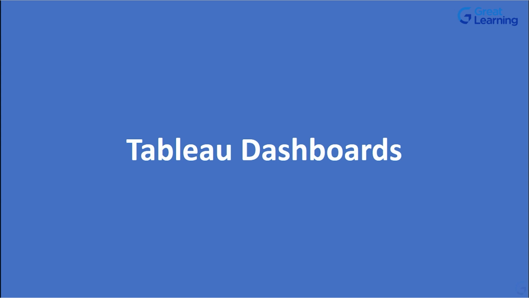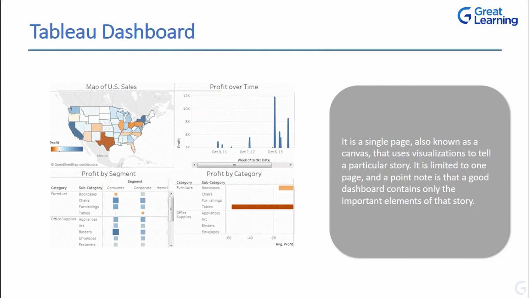So let's assume that you want to represent profit and sales for a few years, right? So you'd be having a particular kind of graph that represents this data. Now these graphs are called your visuals or visualizations. Now, when you put these visuals or visualizations together, we are talking about building a report.